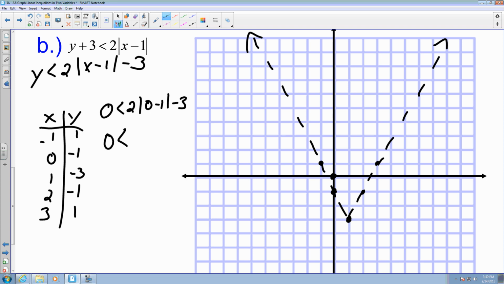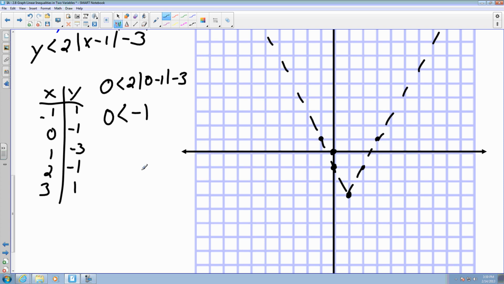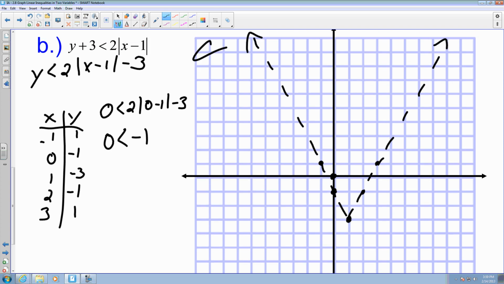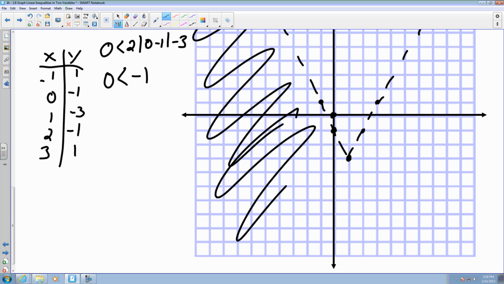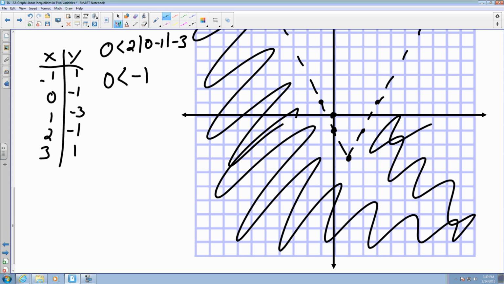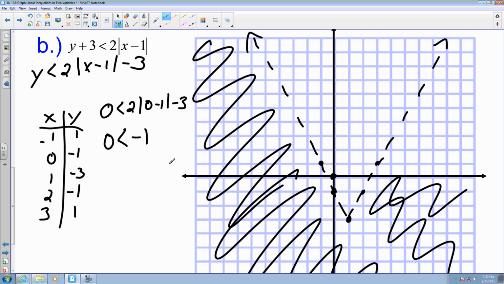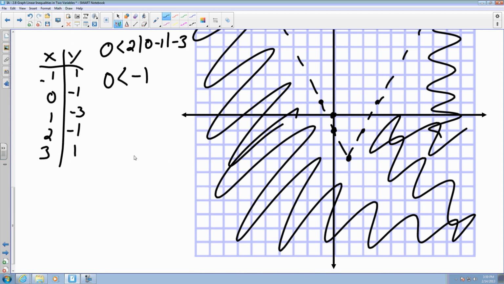The absolute value of negative 1 is 1. 1 times 2 is 2. 2 minus 3 gives me a negative 1. Is this a true statement? No, it is not. So that means I have to shade the portion that is not part of the selected point from my boundary. So that's where the shading occurs.